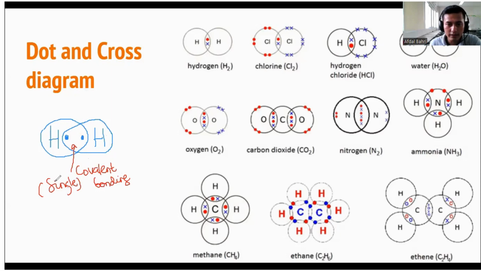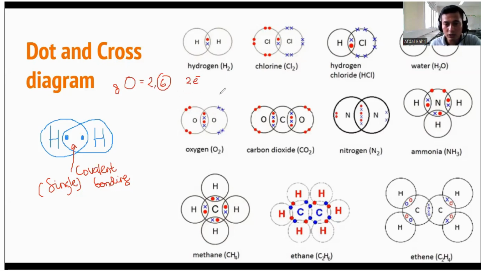Now let's see another example. For example, oxygen here. Based on the electron configuration, we know oxygen is 2,6. So to become an octet, oxygen needs two more electrons. How does oxygen achieve that?